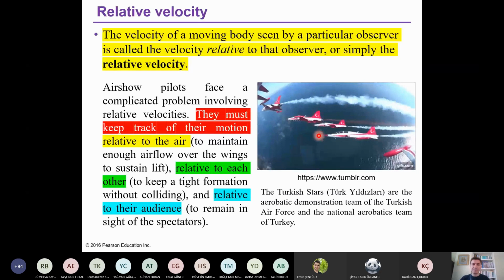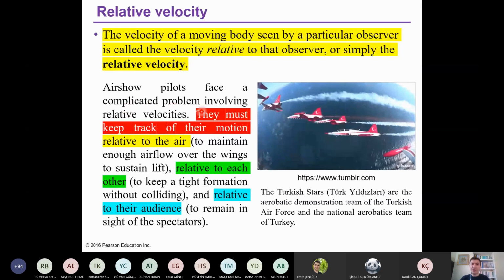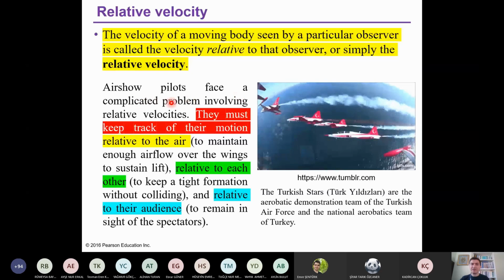So in this type of show, the pilots face a complicated problem involving relative velocities. They must keep track of their motion relative to 3 parameters. So relative to the air, to maintain enough airflow over the wings to sustain lift, okay, to keep their position in air, and also relative to each other to keep a tight formation without colliding.